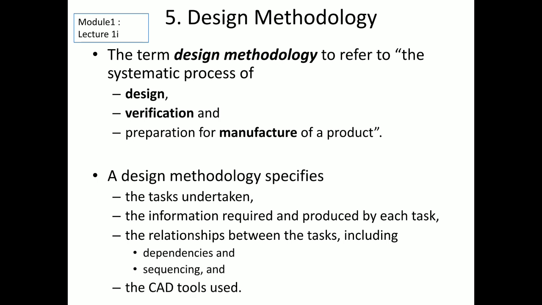It is saying that the task undertaken means what type of product we are going to design, and in that product what type of activities, what type of actions it is going to perform. If you take an example of a mobile device as an embedded product, it should be able to perform a calling function, it should be able to capture an image through the camera, it should be able to send a message.